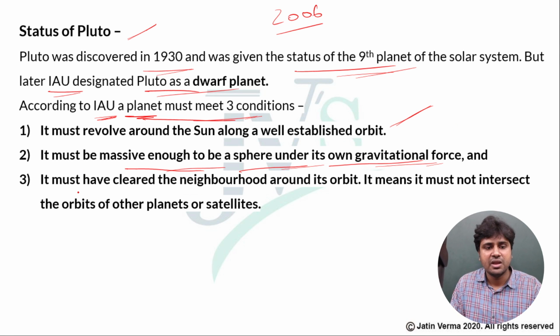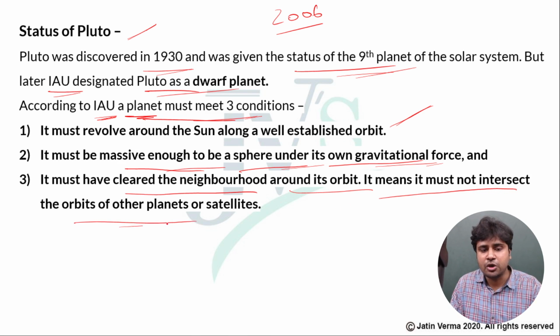And next, it must have cleared the neighborhood around its orbit. It means it must not intersect the orbit of other planets or satellites. These are the three conditions for a planet. Only if these three conditions are met, a body will be called a planet by the International Astronomical Union.